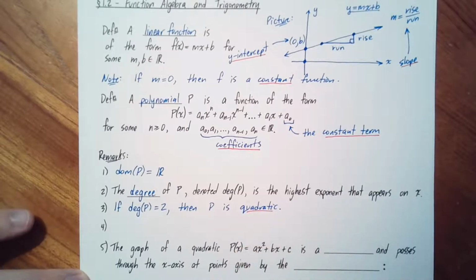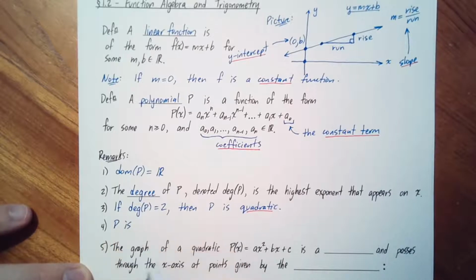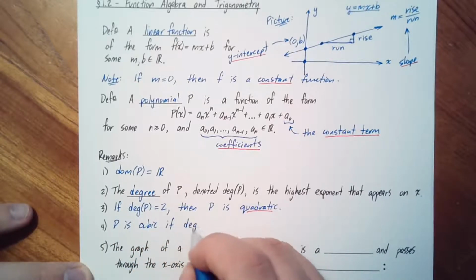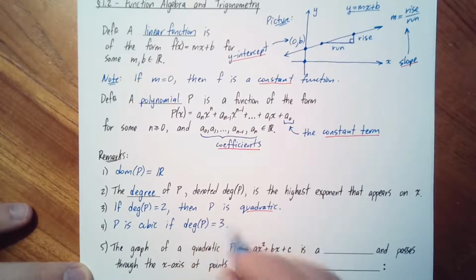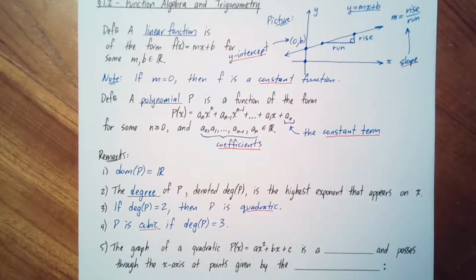And if the degree is 3, p is cubic. So degree 2 polynomials are called quadratics, and degree 3 polynomials are called cubics. It actually goes up further. Degree 4s are called quartics, degree 5s are called quintics, and there are terms for all the other ones as well, up to a certain point, but we're really not going to be interested in those.